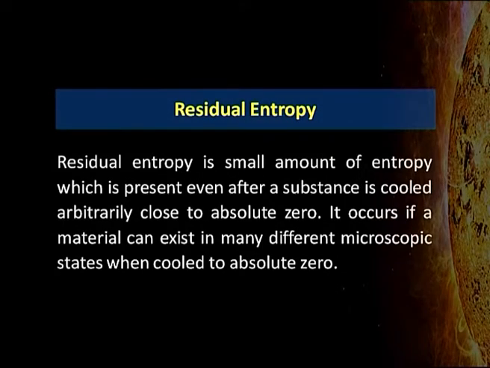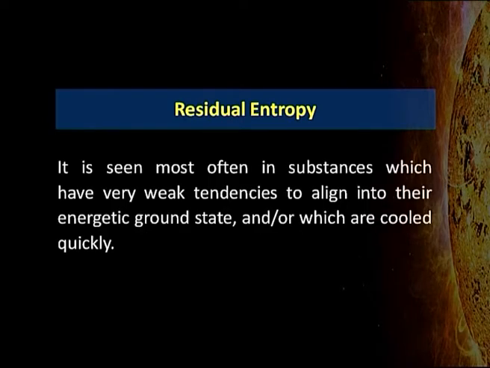Residual entropy is a small amount of entropy which is present even after a substance is cooled arbitrarily close to absolute zero. It occurs if a material can exist in many different microscopic states when cooled to absolute zero. It is seen most often in substances which have very weak tendencies to align into their energetic ground state and which are cooled quickly.